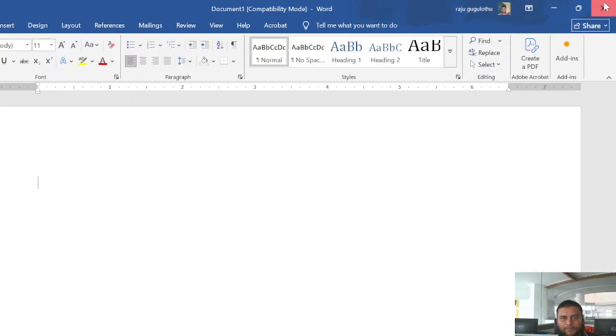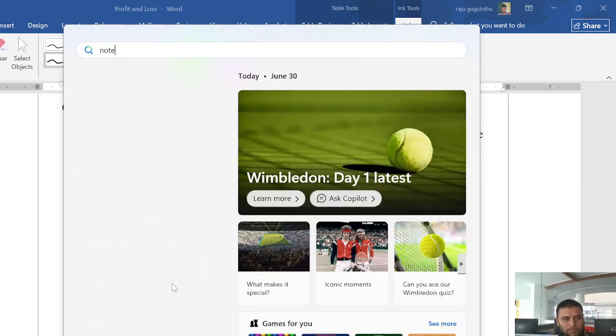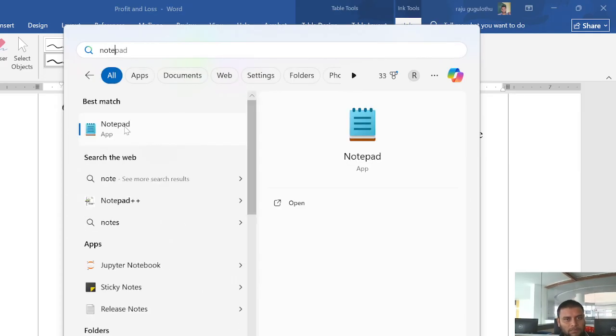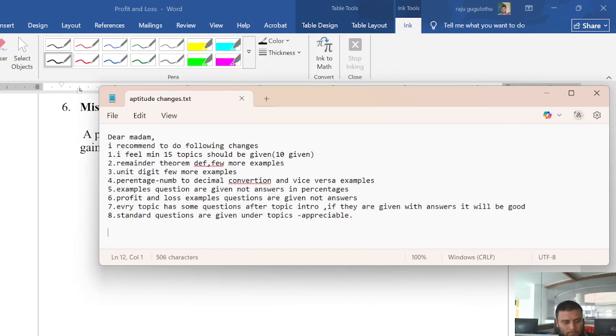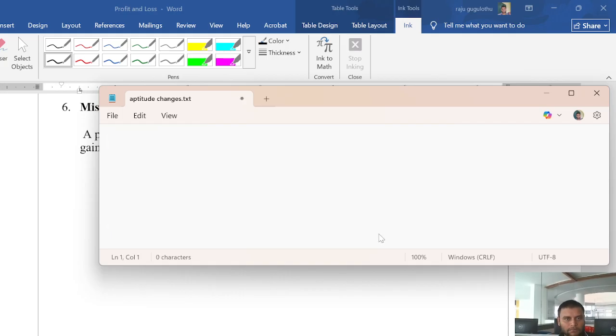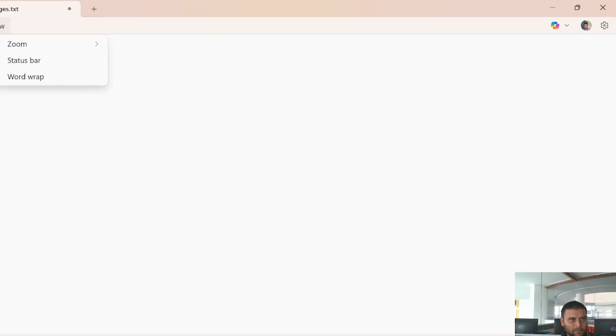Even Word has the same problem. There is no rating option in this.